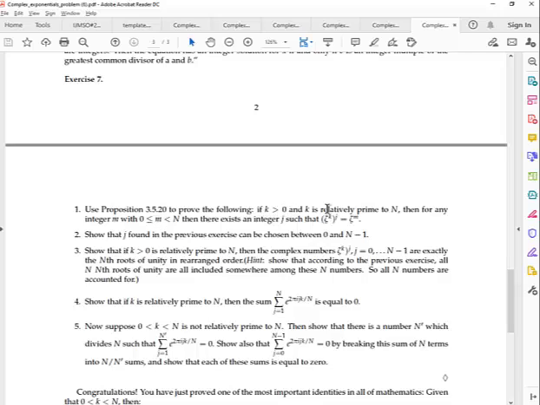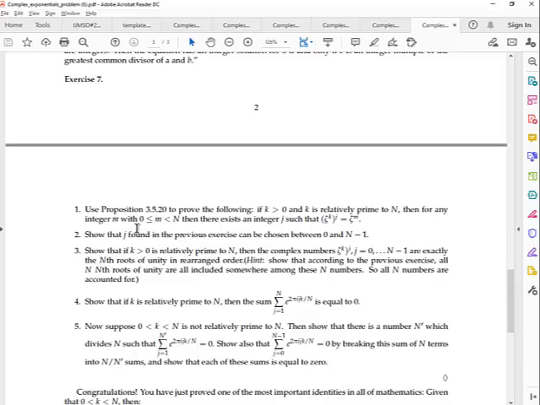If k is greater than 0 and k is relatively prime to n, then for any integer m, where m is between 0 and n (n not included), there exists an integer j such that zeta k to the jth power is equal to zeta to the m. Okay? So think about what this means.